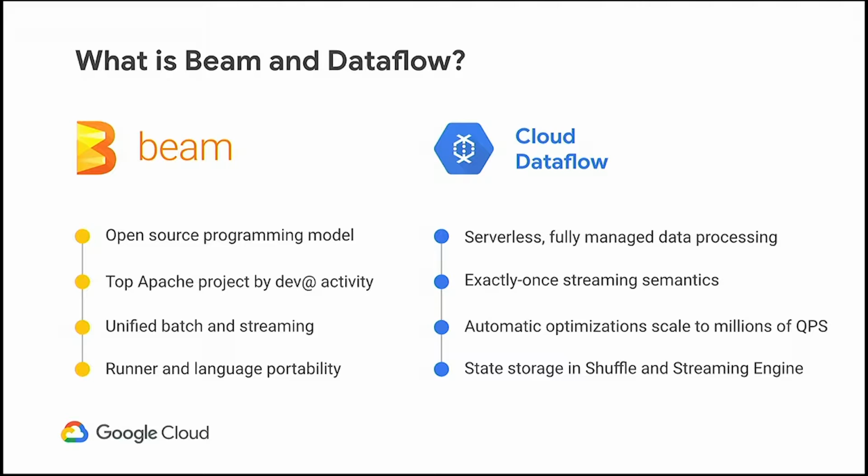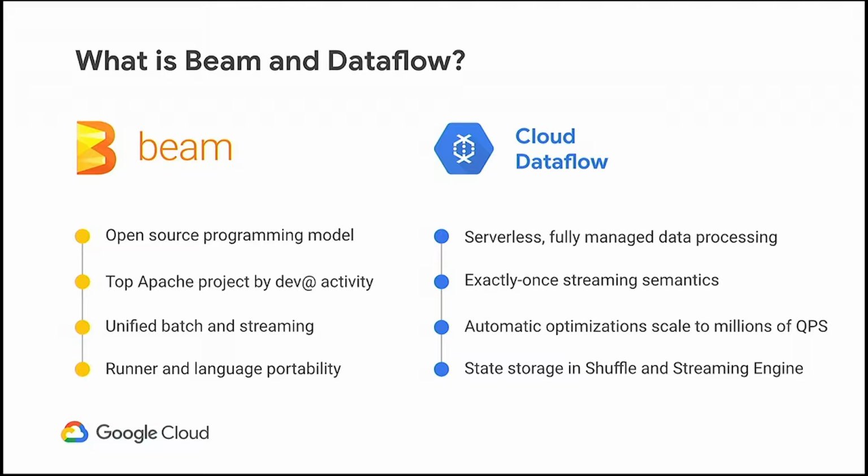Last year, in 2018, the Apache Software Foundation published some stats on all of their projects. There are about 200 of them. And it turns out that Beam is now the top, or was in 2018, the top Apache project by dev list activity. So lots of people are exchanging ideas, communicating. It was also the top 3 project by commits.